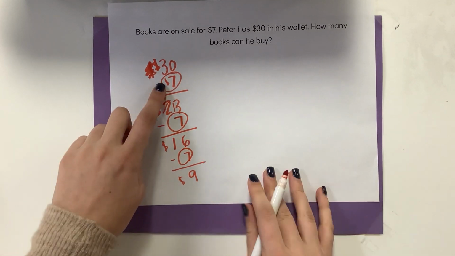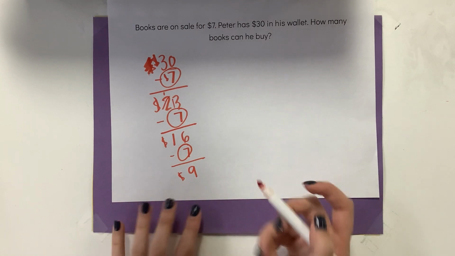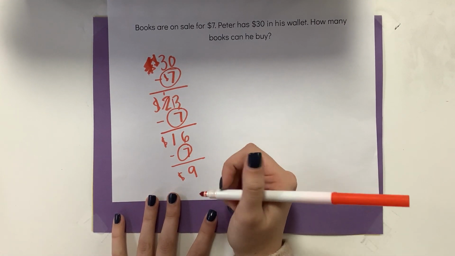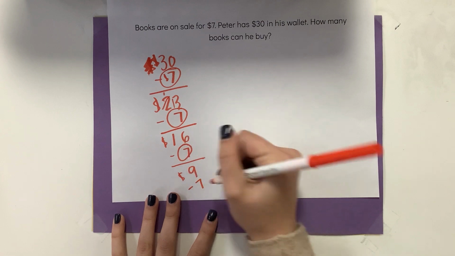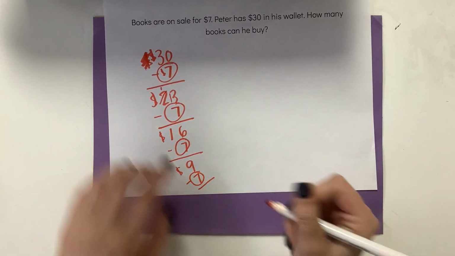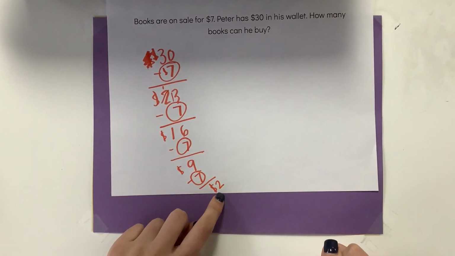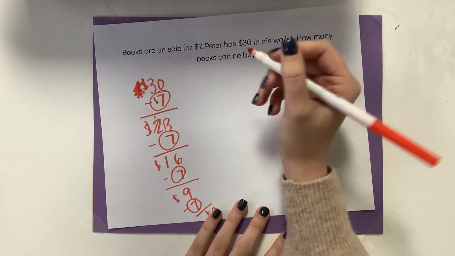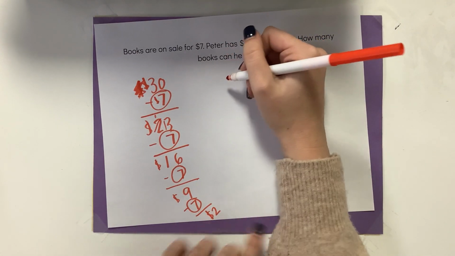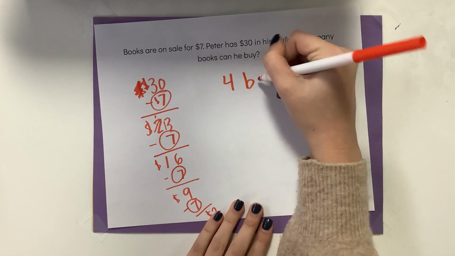Okay, so far he bought 3 books. He has $9 left. So what is he going to do? Well, he's going to buy another book. If he buys 1 more book, he will have how much money left? $2. So Peter was able to buy 1, 2, 3, 4 books.